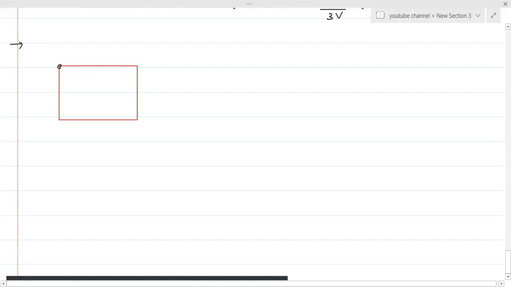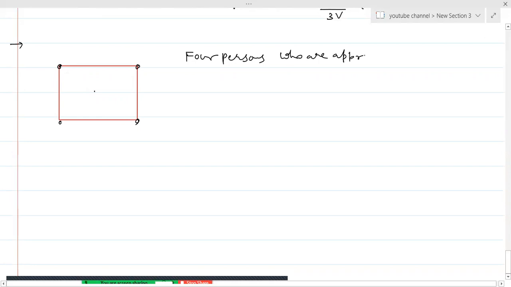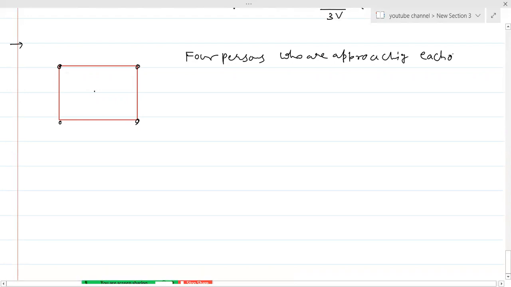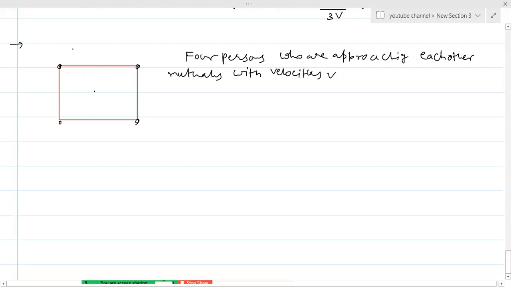For example, we have 4 persons approaching each other mutually with velocities v.